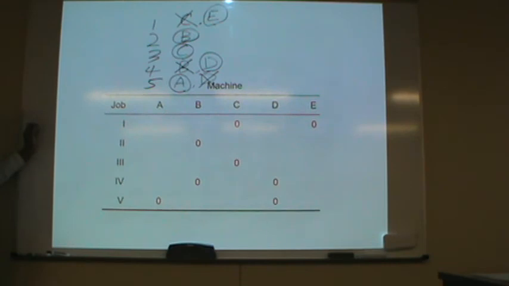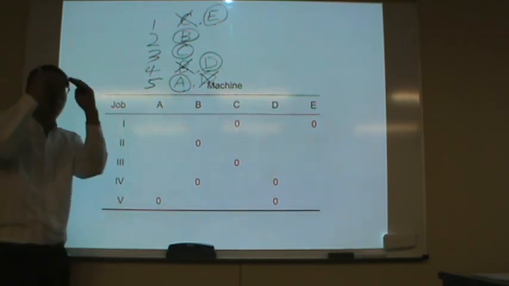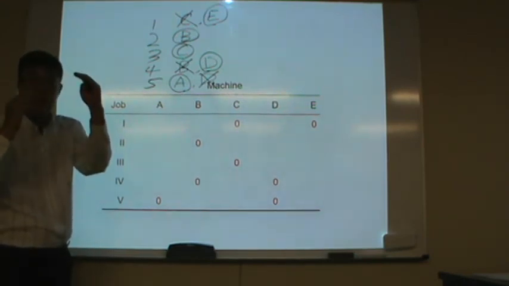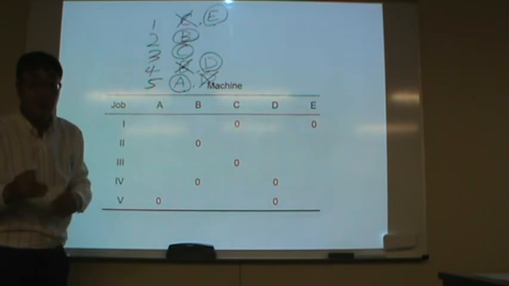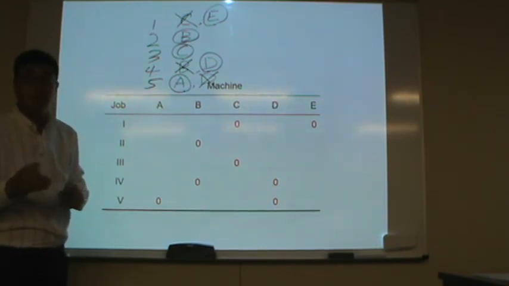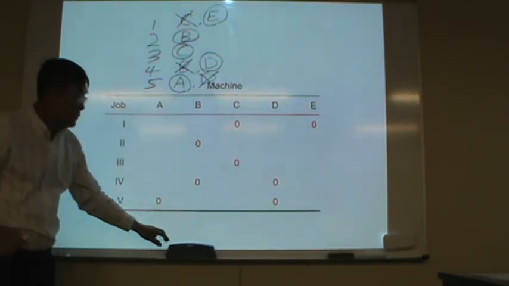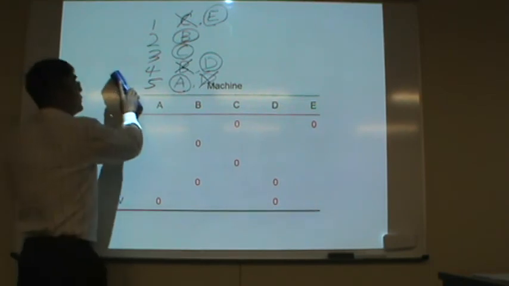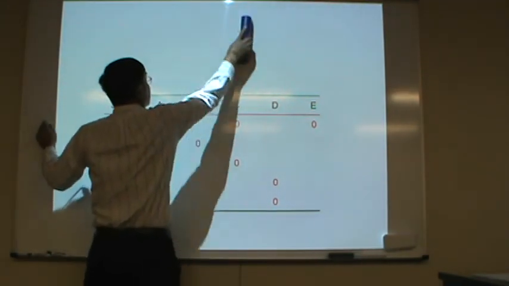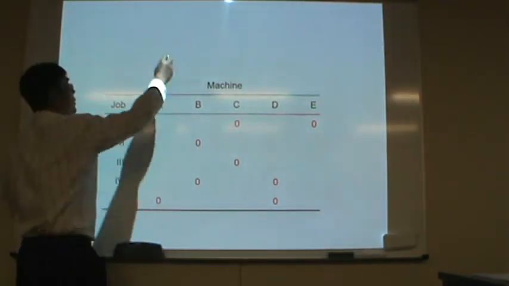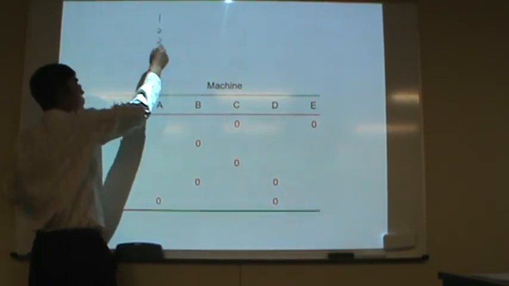There are many steps to come here. Follow my steps, step by step, then you will not be confused. Let me do it again. E, B, C, D, A, and jobs 1, 2, 3, 4, 5.